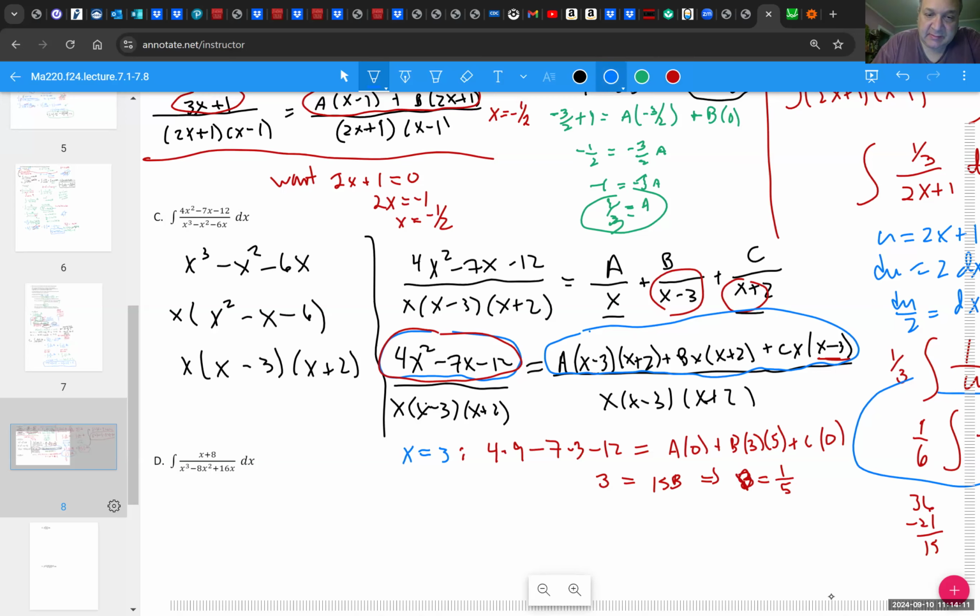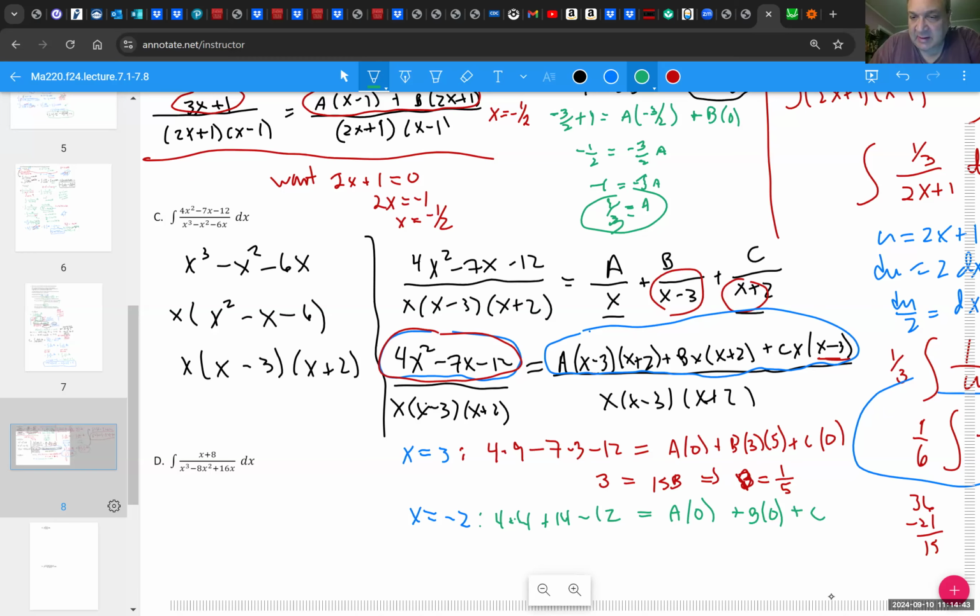My next x is going to be -2. Let me do a different color. So -2, I'm going to get 4 times -2 squared, which is just 4 times 4, plus -7 times -2, which is +14, and then a -12. And that's equal to, well, here we get A times 0 because the x plus 2 goes to 0. Here we get B times 0 because the x plus 2 goes to 0.